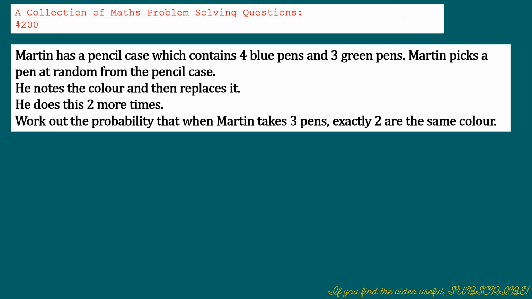So what we do here is, now there are 4 blue pens and 3 green pens, and a total of 7 pens. Now how can Martin pick the pens?